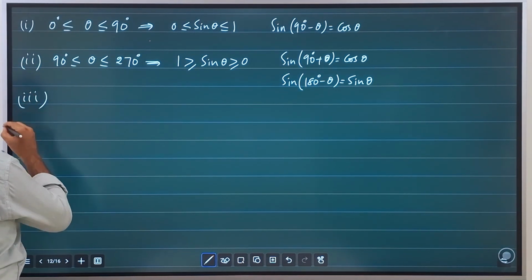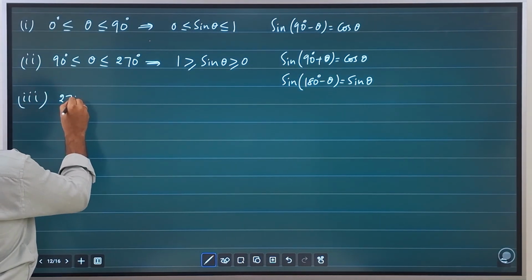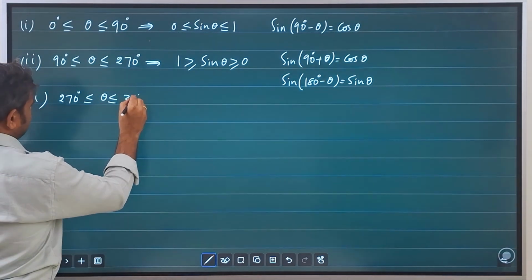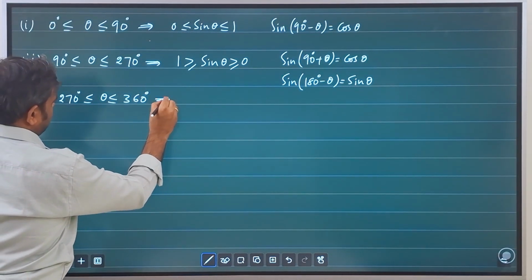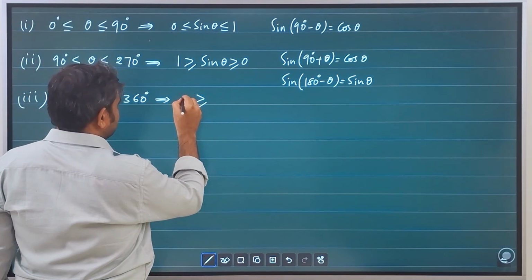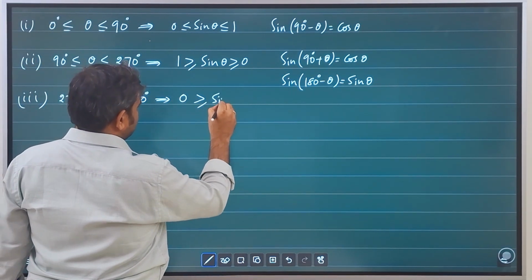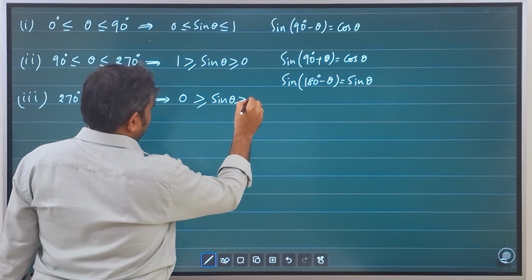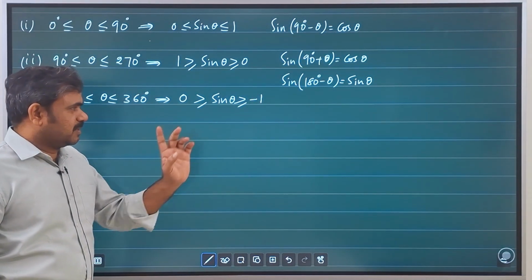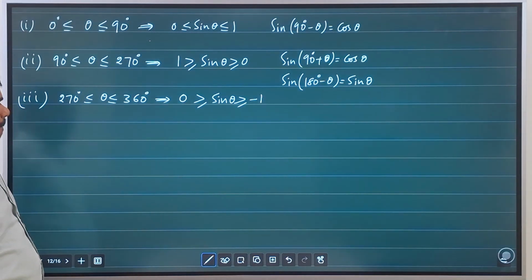And in the third case, as theta increases from 180 degrees to 270 degrees, what is happening to sin theta? Sin theta is decreasing from 0 to minus 1.